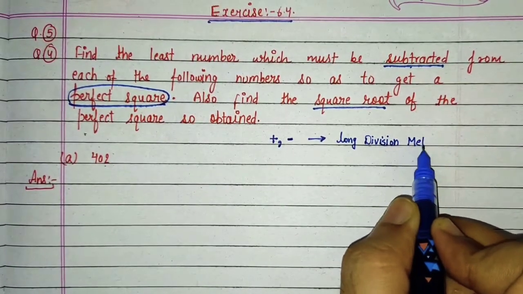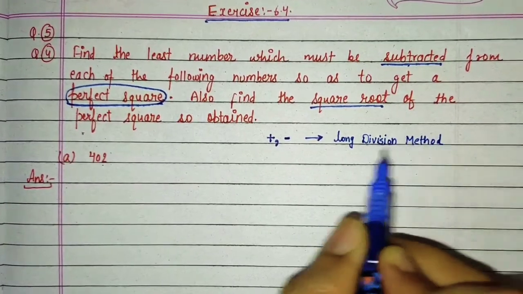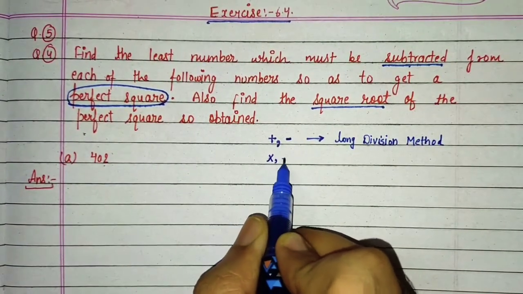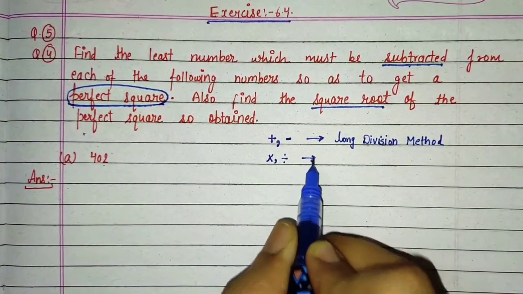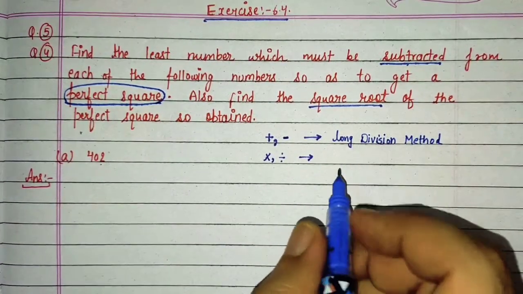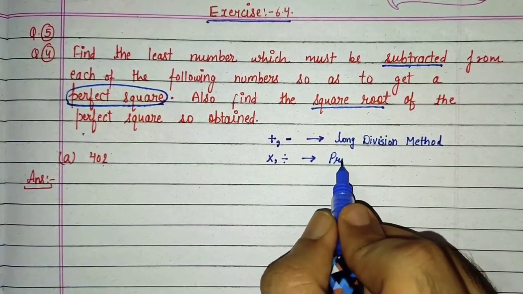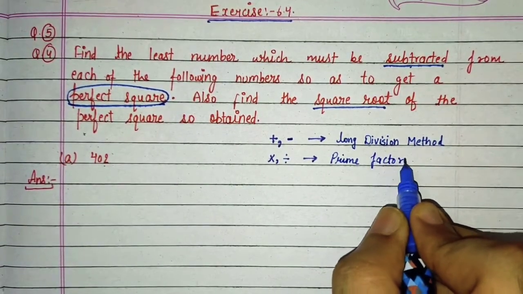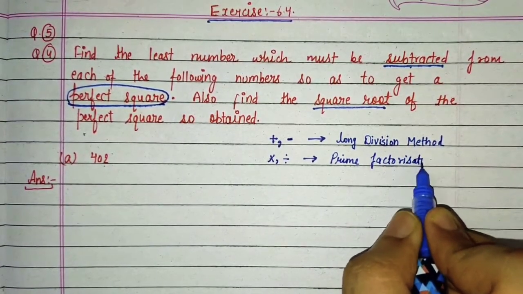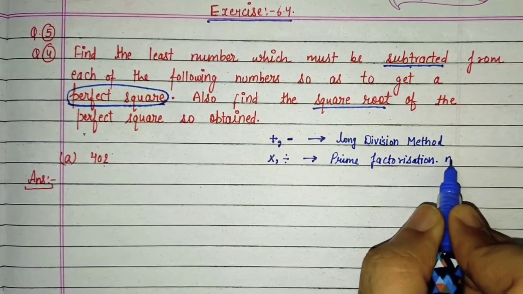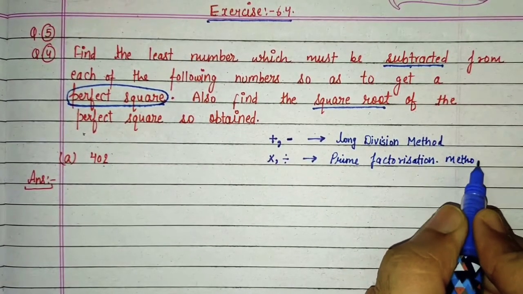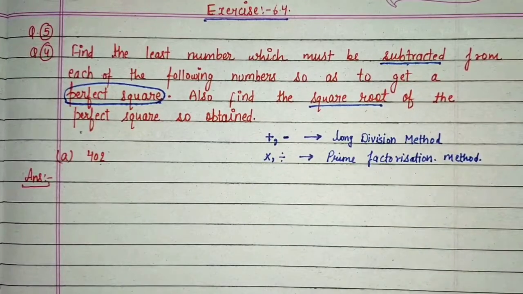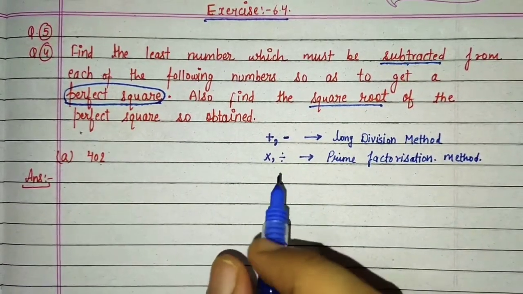And whenever the question is what should be multiplied or what should be divided, we have already used in 6.3 the prime factorization method. Clear? So for subtraction, we will use the long division method.